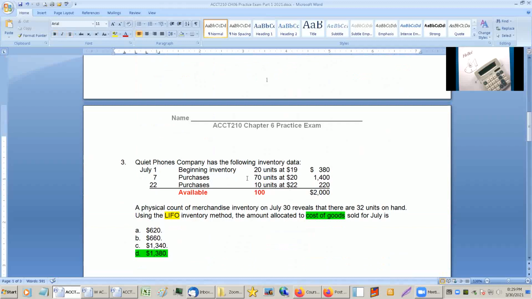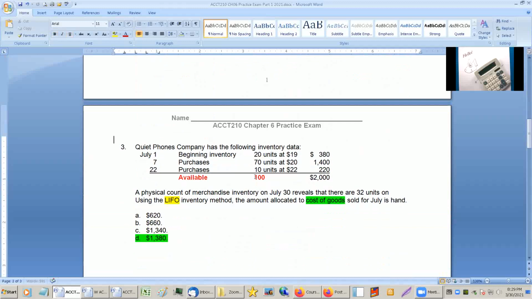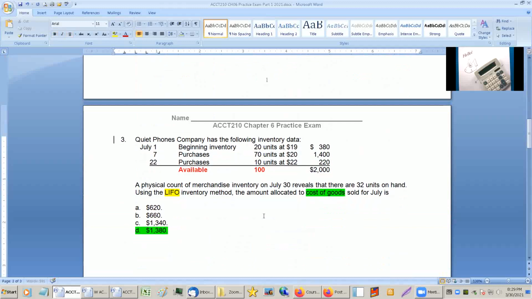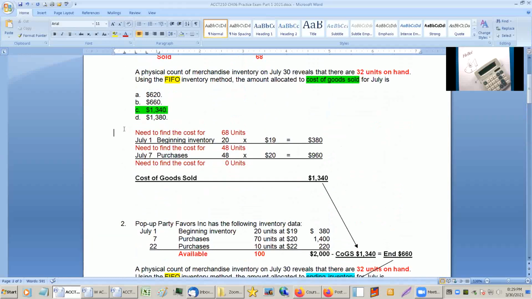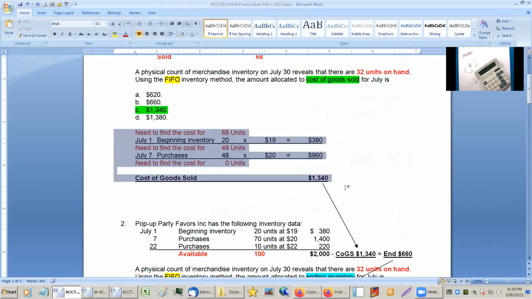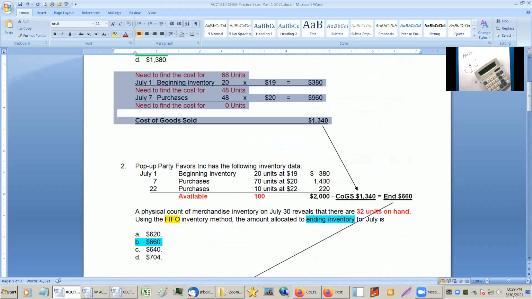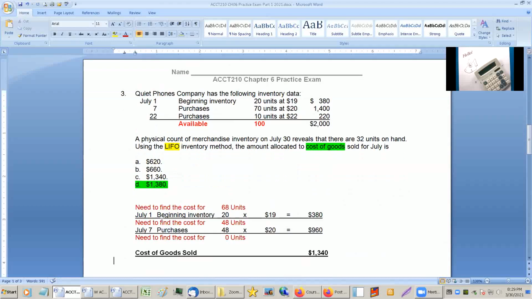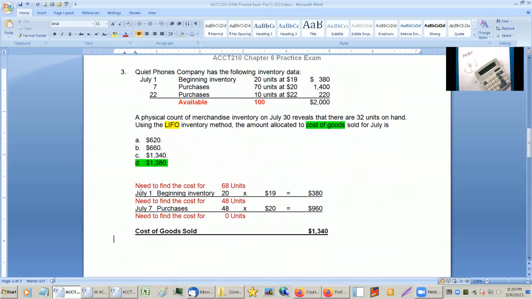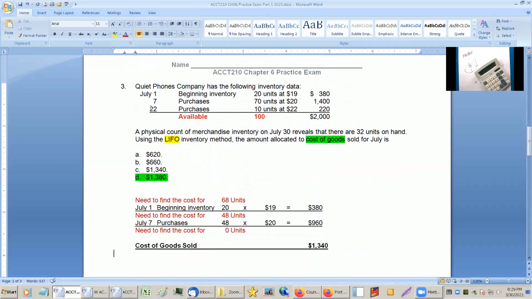Okay, down here, everything's exactly the same, except that we don't do FIFO. We use LIFO. Copy my stuff to save time. You find a cost for 58 units. You're going to go to the last ones in first.